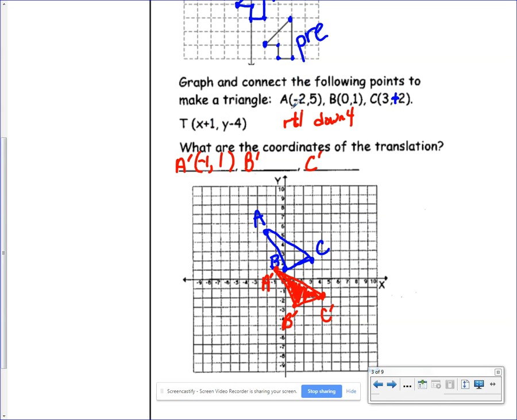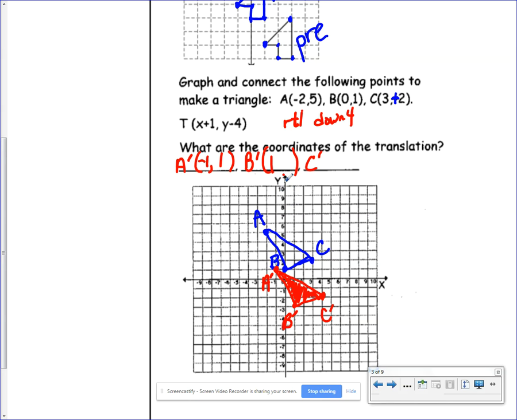Look at my original x value for A. If you add 1 to that, you get -1. I'm saying subtract 4 from the y value. 5 minus 4 is 1. There you go. So you can either read your coordinates right off the graph, or you can do the math operations as described in the algebraic method of describing this translation.